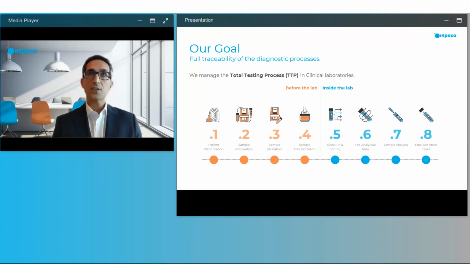And we do this by introducing our solutions, ProTube for the left part in the slide, what you see there as before the lab in orange, that manages and controls the different steps from patient identification through sample preparation, sample validation, and transportation to the lab. And then our FlexLab solution that allows us to control in full automation and traceability all the processes that happen on the right side in blue inside the lab.